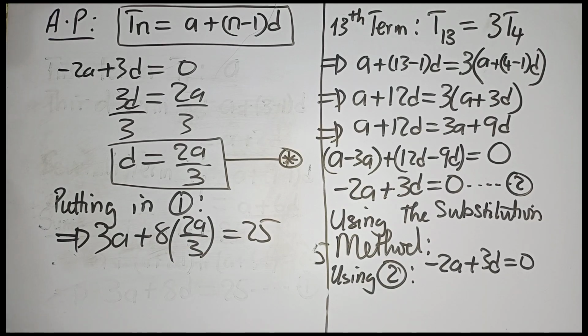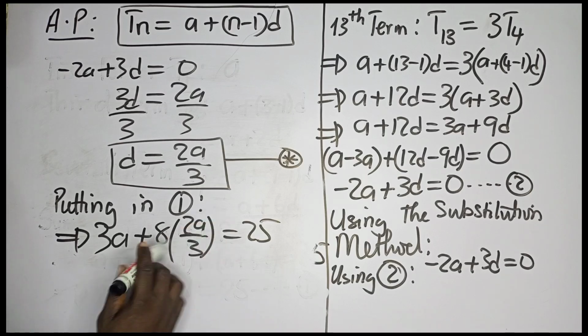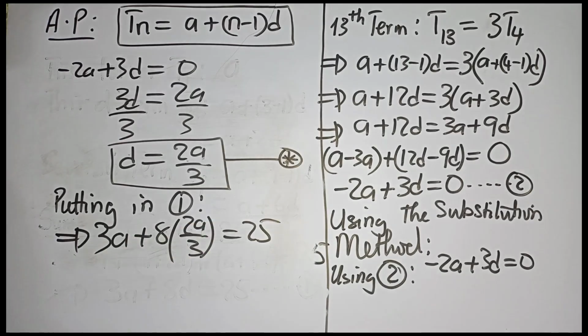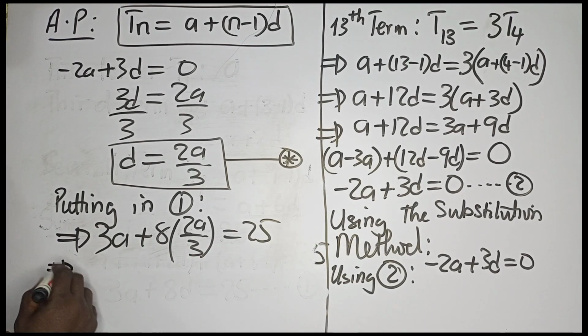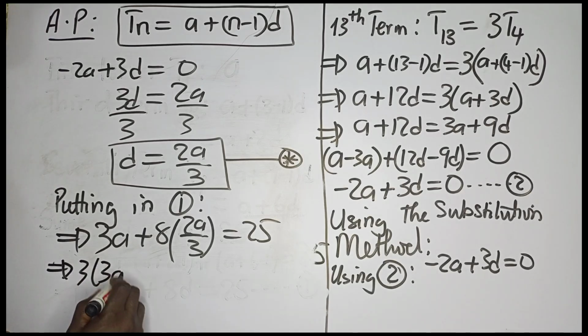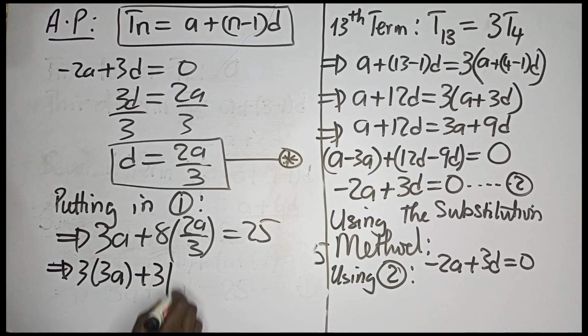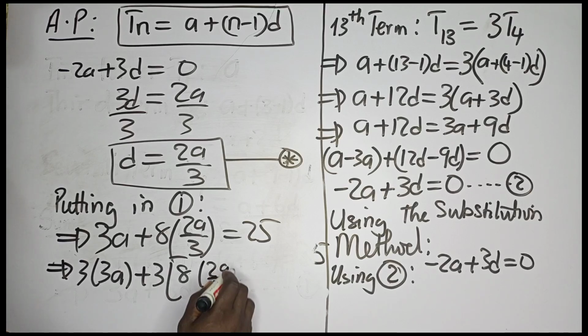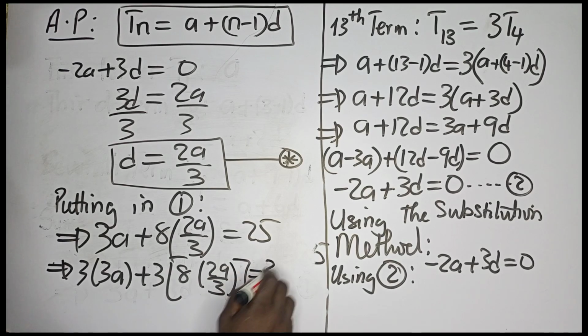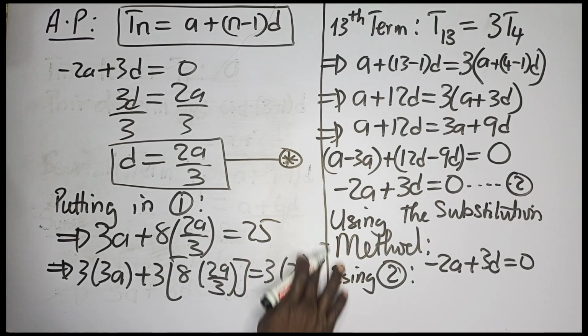All right. Here we have 3 at the denominator. It does not cancel here. So to simplify our work, we just multiply all through by 3. Multiply each term by 3 to do away with this fraction. So if we do that, we have 3 into 3a plus 3 into 8 into 2a all over 3 equals 3 into 25.